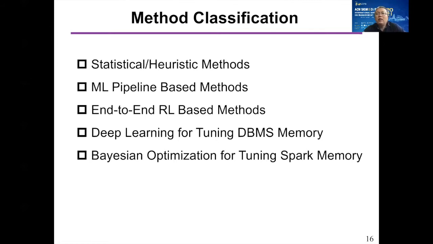And for deep learning, they also rely on some training data that capture the relation between the metrics and knobs. And the last one is that there are also some works on tuning memory-based databases, for example, Spark, tuning the buffer size.